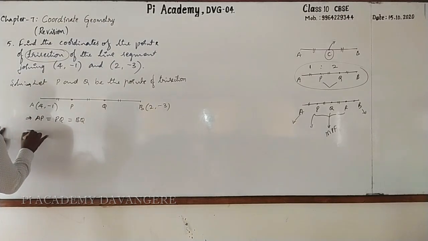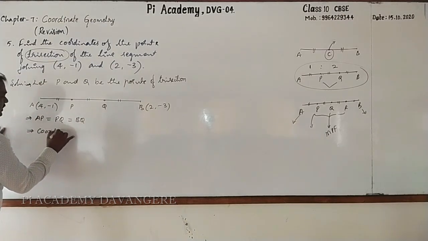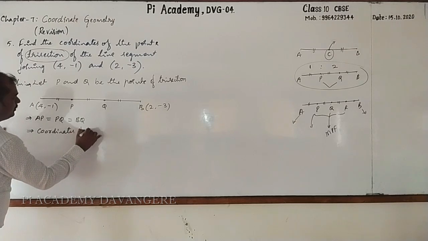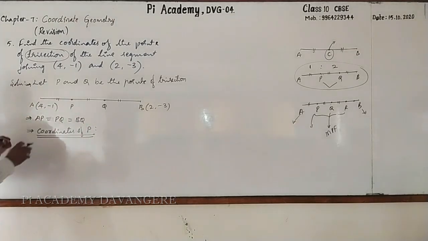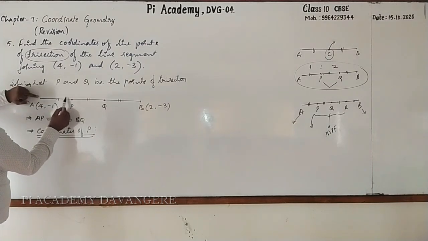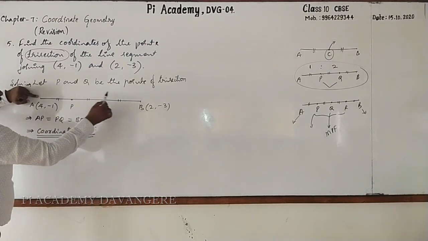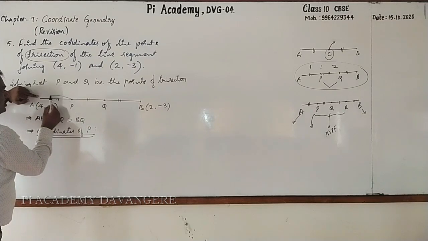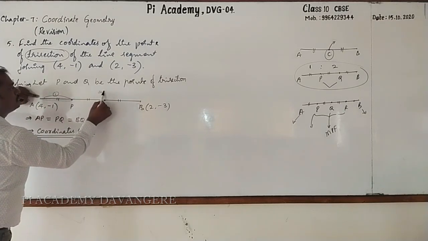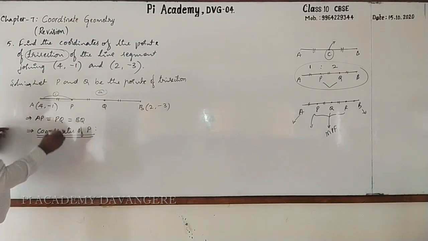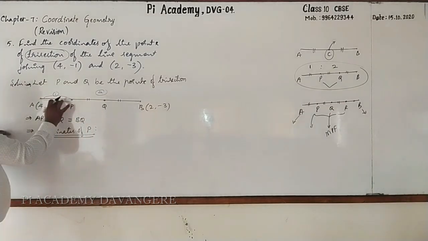First, let us find the coordinates of P. How do you find the coordinates of P? Look here. The whole line segment is divided into 3 parts. So here AP is 1 part, P to B is 2 parts. So can we write the ratio as 1:2?